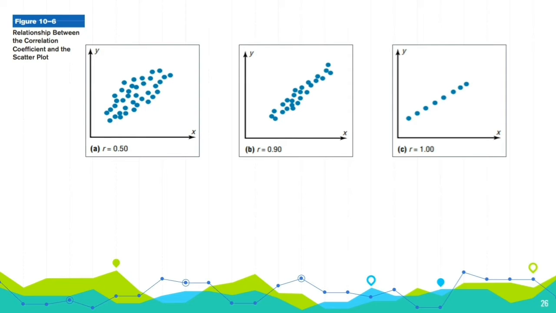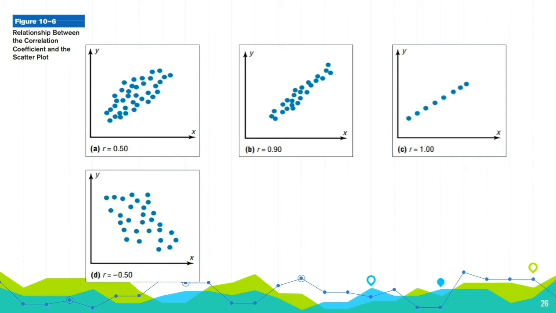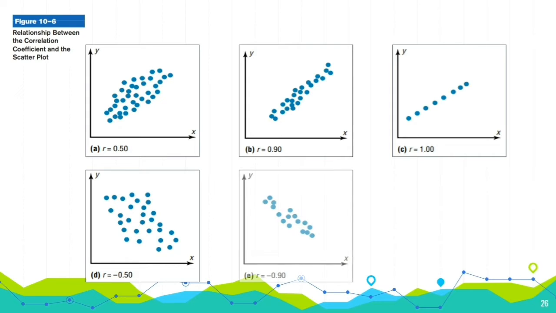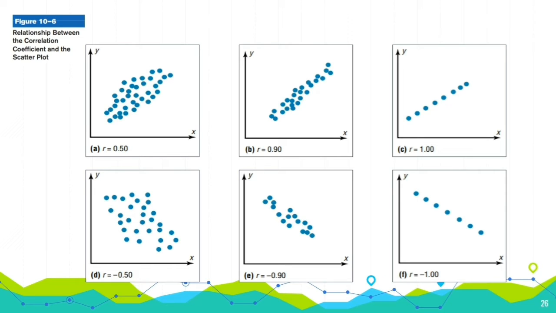Next, as the value of the correlation coefficient decreases from 0 to negative 1, like in figure D, where r is equal to -0.50, in figure E, where r is equal to -0.90, and in figure F, where r is equal to -1.00, it means the data values also become closer to a straight line, and this also suggests a stronger relationship.